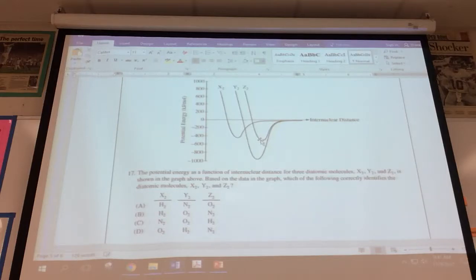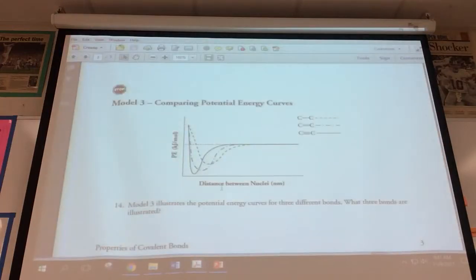Wouldn't the triple bond have a shorter distance between? Well, keep in mind though, you're comparing H and N. So N versus H is a little tricky in terms of a comparison, whereas here you were comparing just C's. So it's an easier comparison, and that's why the question was so difficult.